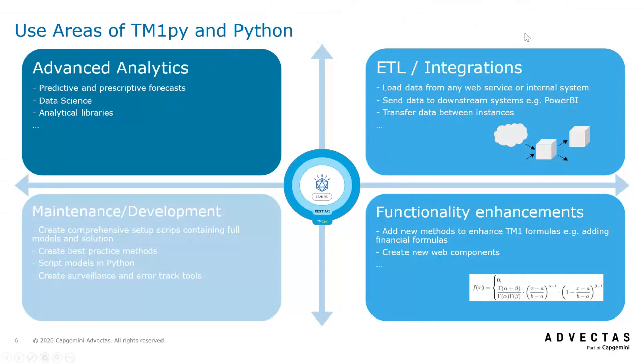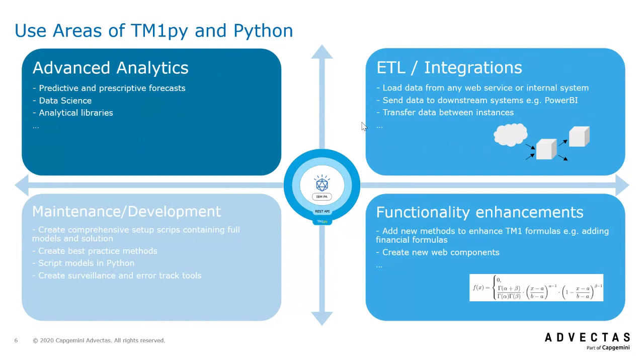What is also large areas, you will have a much easier time now to integrate it to other systems. So, for example, you can load data directly from websites. Let's say if it's FX rates, if it's share prices, if it's commodity prices, if it's also to integrate it with other solutions that you use internally, other databases.